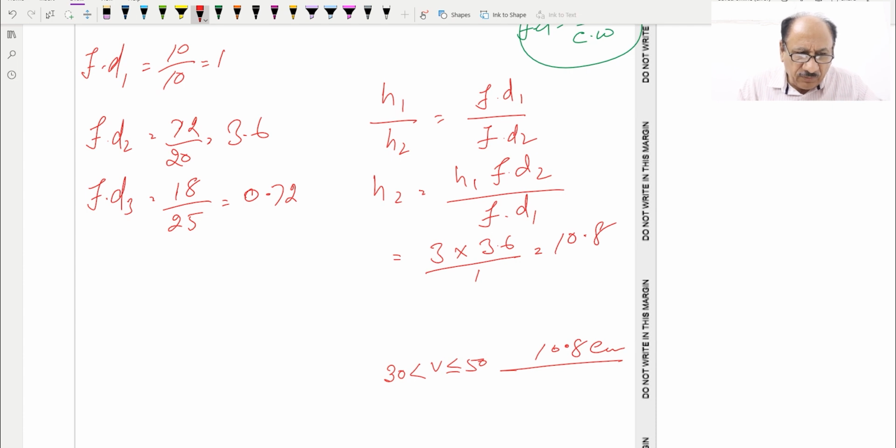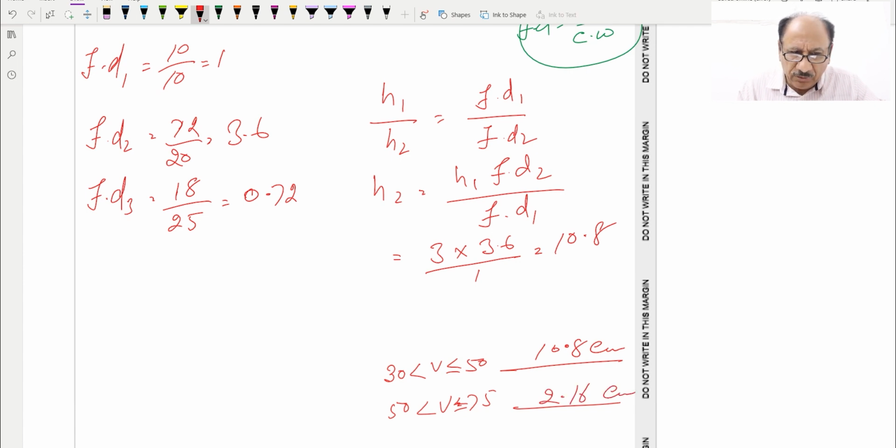And for the other one, if we calculate, that will be 2.16, which we can calculate for 50 to 75, in a similar way. That will be 2.16 centimeters.